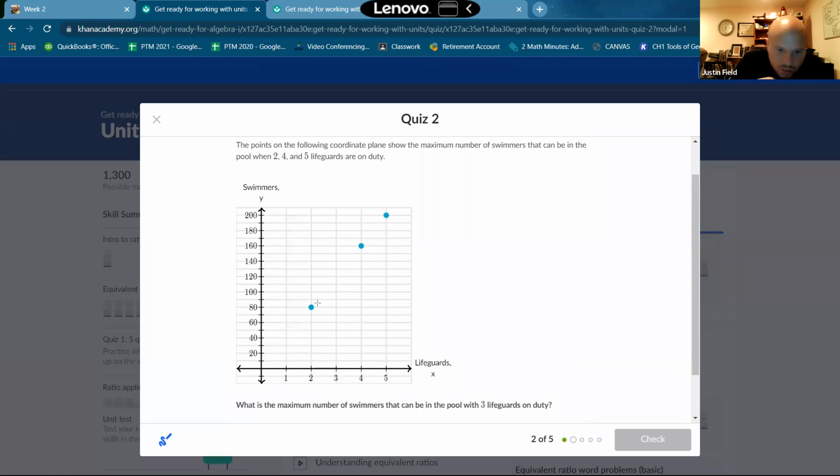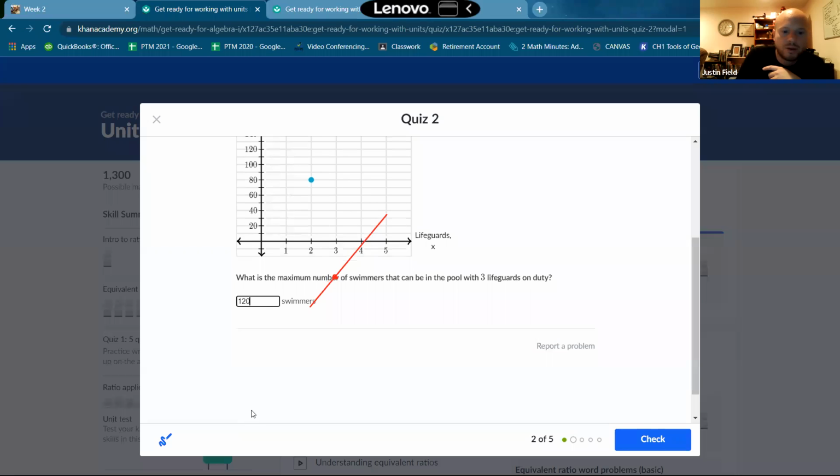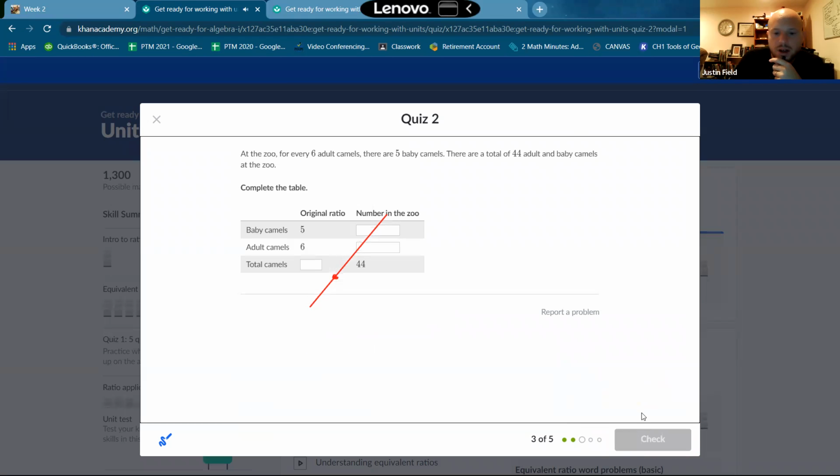We could connect the dots between the ones we have, and now we're using algebra here, because now I can see the missing number would be 120, because these 3 line up in a straight line. So the 3 lifeguards is also going to follow that linear pattern. 120. That was a really cool problem. And it was about looking for the pattern in the data.